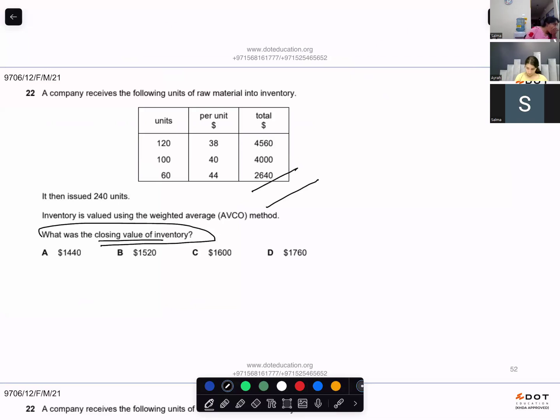It is 11,200. And this is 280 units. So 11,200 divided by 280, it's 40.